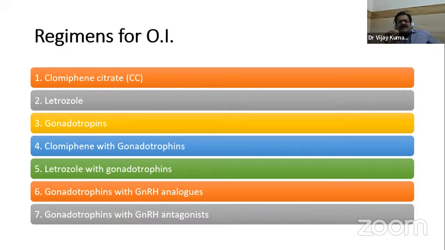Again, the purpose of using the gonadotropins along with the clomiphene citrate is to reduce the cost incurred for ovulation induction and simultaneously improve the follicular development.